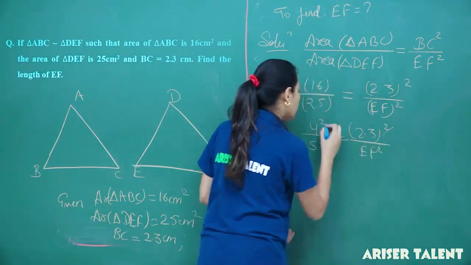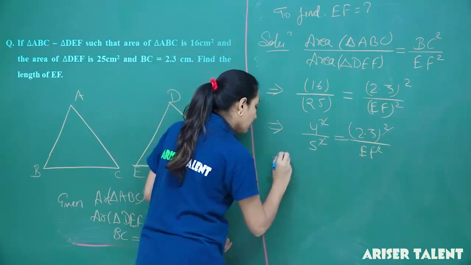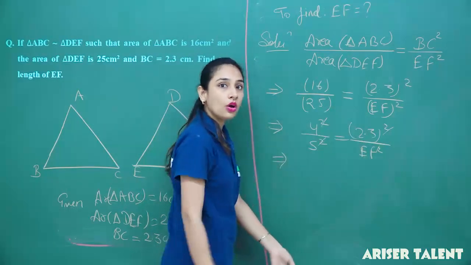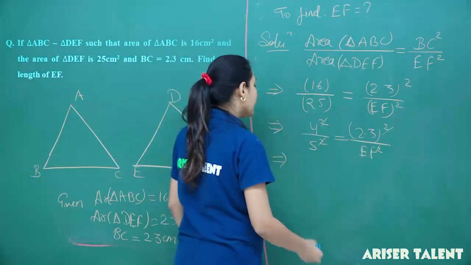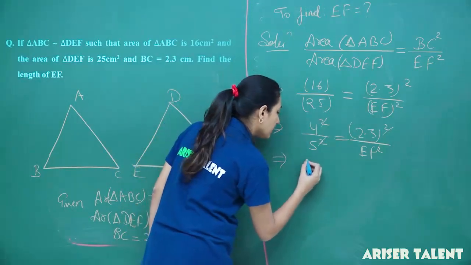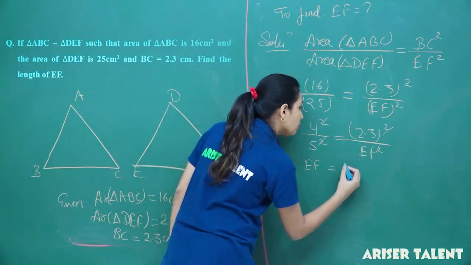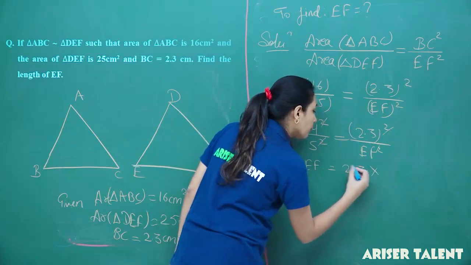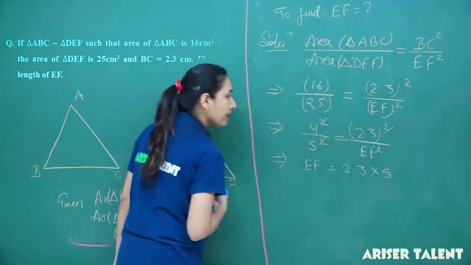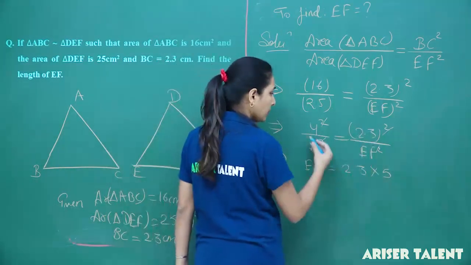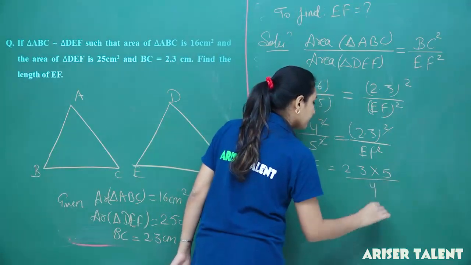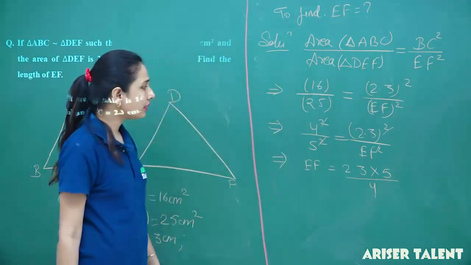So you just cut out these squares because we have squares on all the sides, so we will just cancel them out, and we will have EF equals 2.3 multiplied by 5, and this 4 here, right students?